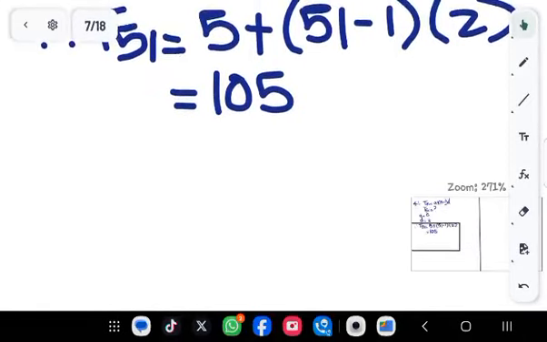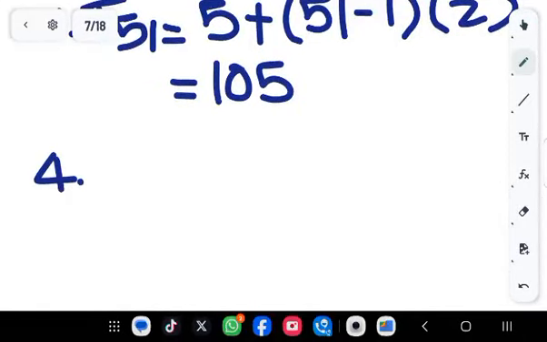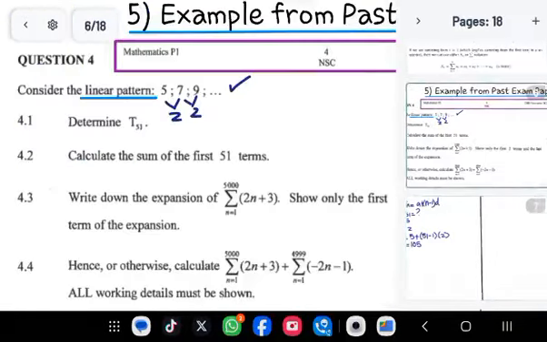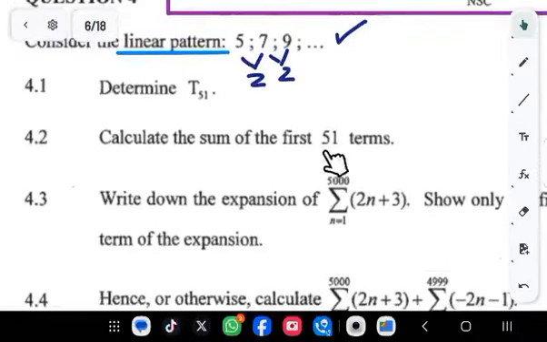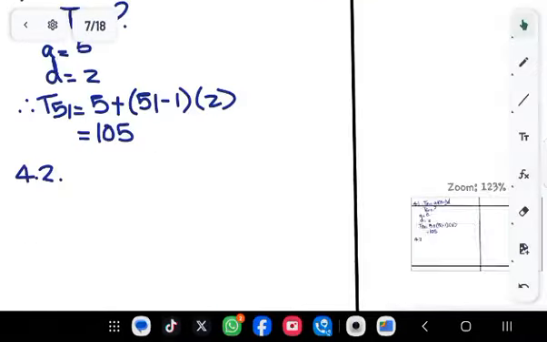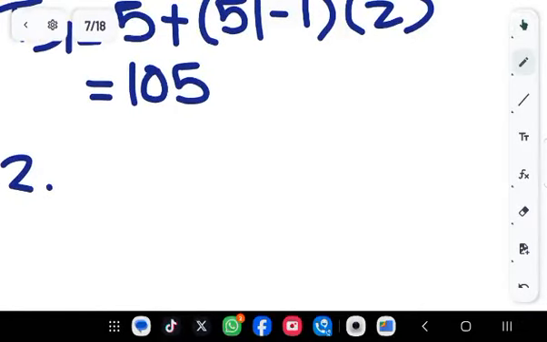Now let's look at number 4.2. Next question, 4.2 goes: calculate the sum of the first 51 terms. We calculated the 51st term. Now we're looking for the sum of the 51 terms.